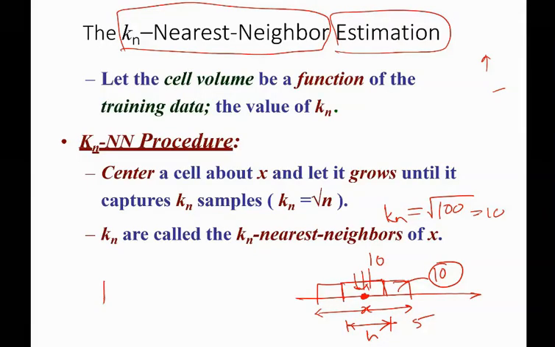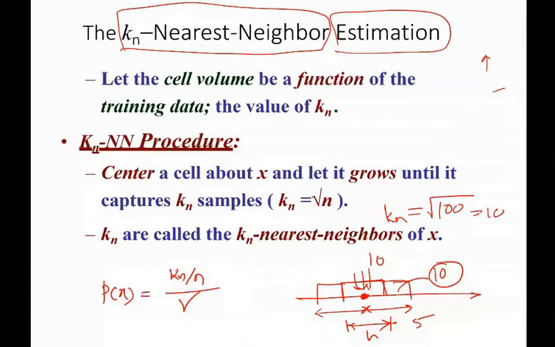Now the probability density at this point is as usual Kn by n divided by volume. If it is n-dimensional case, it will be a volume. If it is two-dimensional case, it will be just an area. If it is 1D, then it will be just a length.